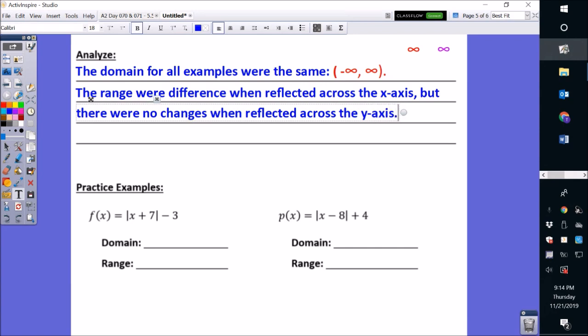So that's the one thing I noticed about the range. There were differences when reflected across the x-axis, but there were no changes when reflected across the y-axis.